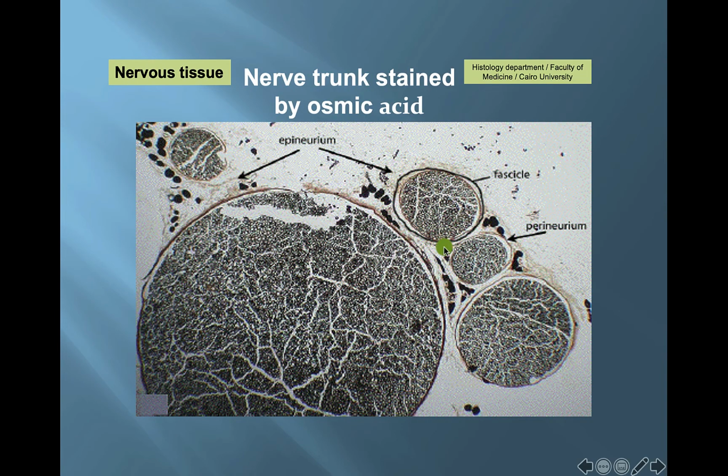This is another picture for a slide stained by osmic acid. The osmic acid is a stain that dissolves in the myelin sheath only and gives it a black color. So you can see here the bundles of the nerve fibers, and this is a lightly stained tissue covering the nerve, which is called the epineurium, and this tissue surrounding the bundles is called the perineurium.